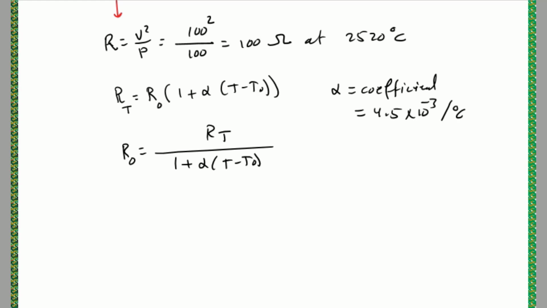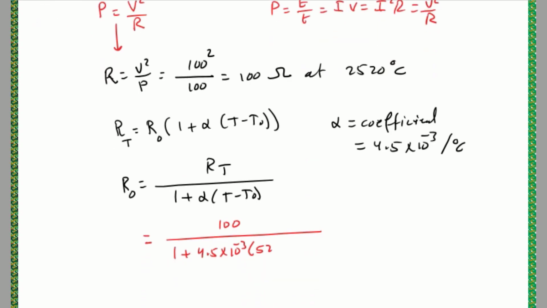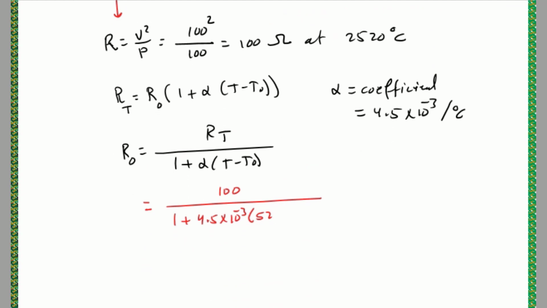Again, this is not included in our syllabus, but it comes in the coverage. I don't know why. RT, we found it 100, over 1 plus 4.5 for tungsten, times 10 to the minus 3, times, what is the temperature? 2,520, minus the temperature needed, which is 20.